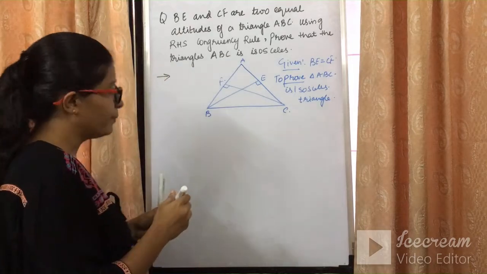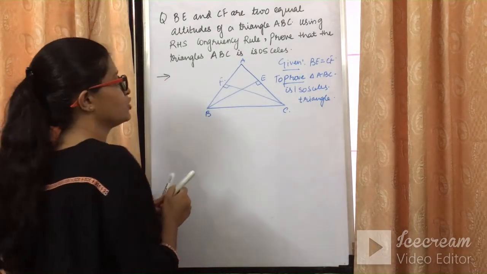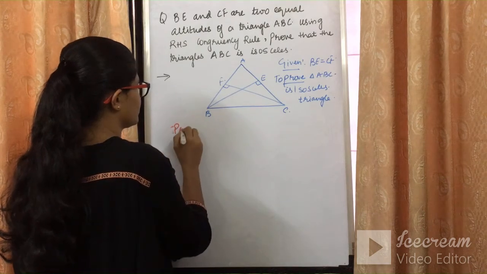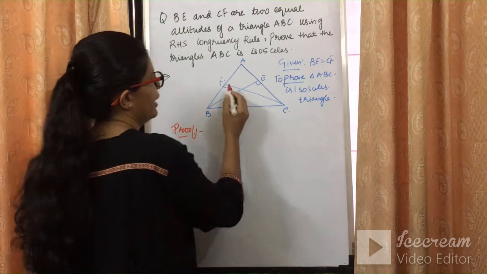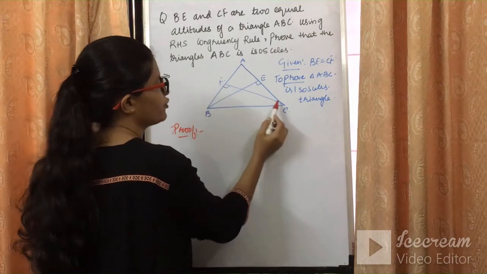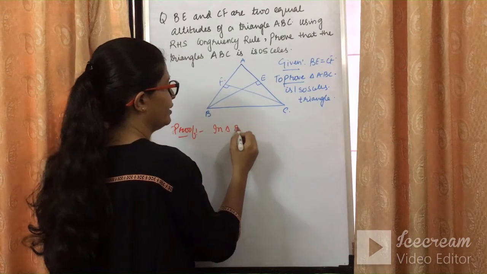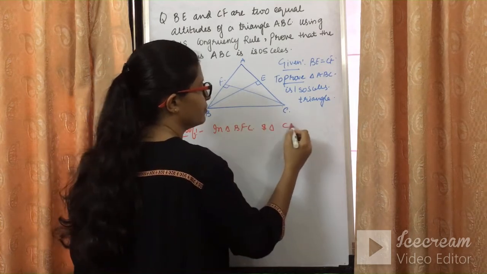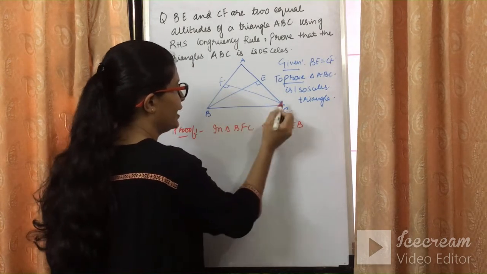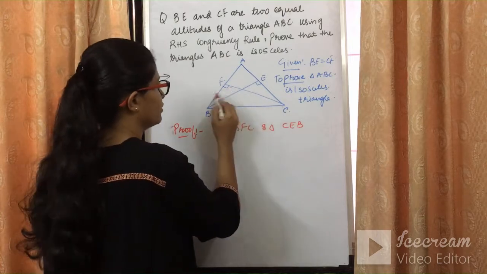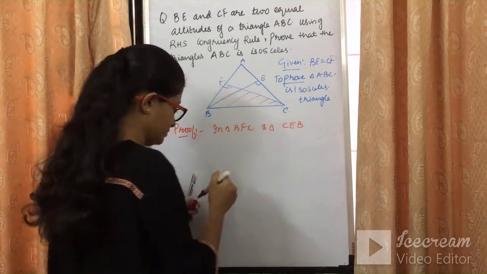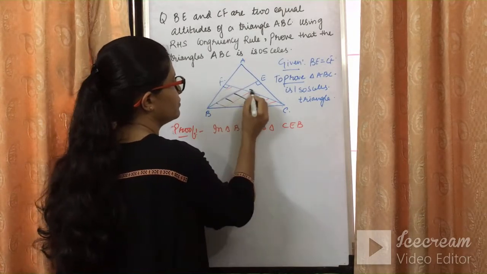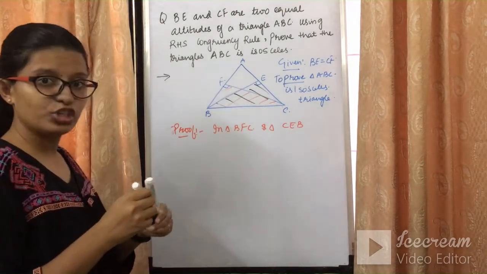So let's see how we can prove that the triangle is isosceles. सबसे पहले अगर यदि मैं बोलूं, in triangle BFC and in triangle CEB, ये वाला एक ट्रायंगल एंड ये वाला एक ट्रायंगल, black shaded and blue shaded triangle.